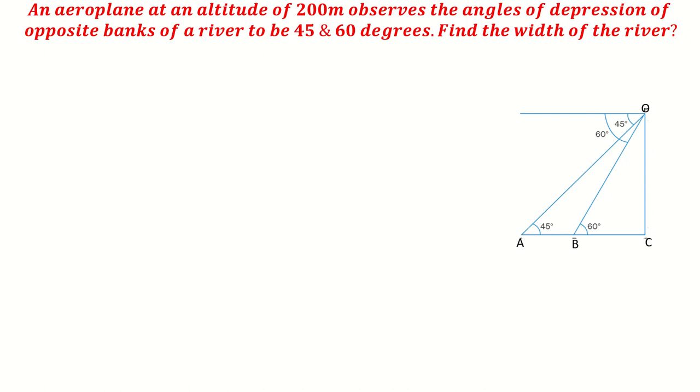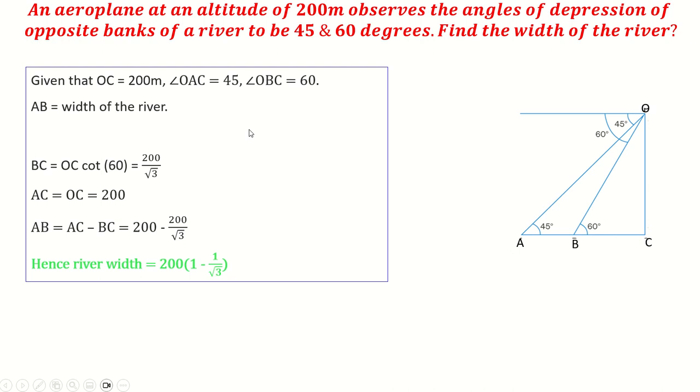Once you draw the picture, it's very easy. Triangle OAC and triangle OBC, you can take as right angle triangles, so then you can solve the problem very easily. BC equal to OC cot 60, correct? If you apply, which is 200 divided by root 3, cot 60 is 1 by root 3, right?